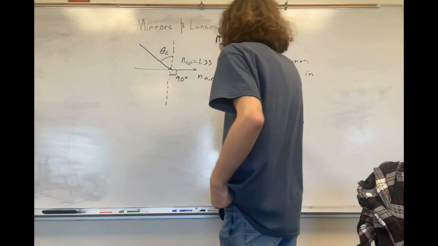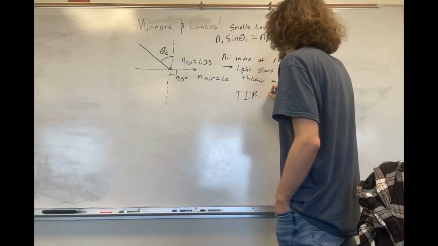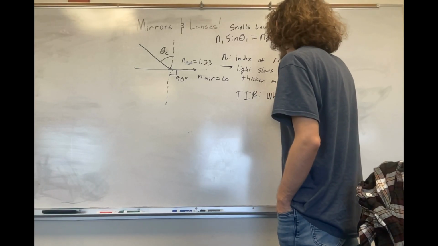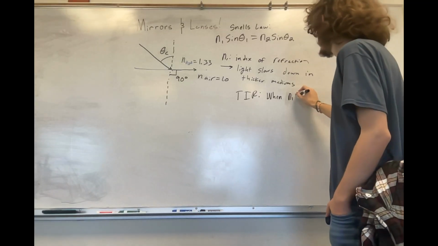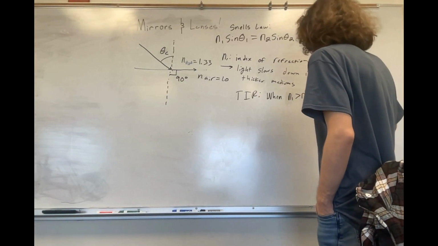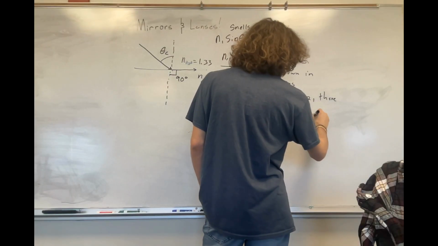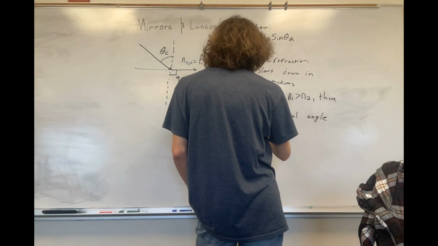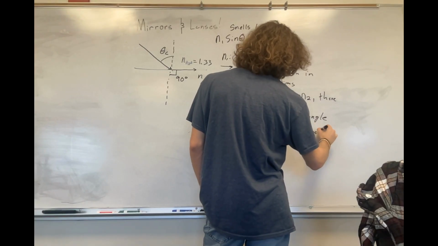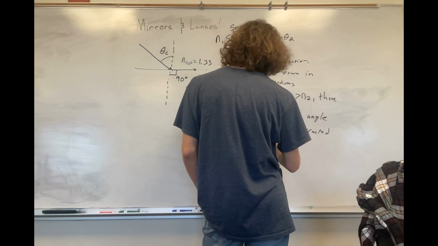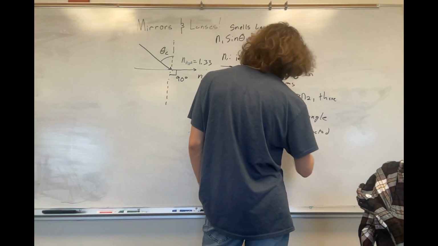Total internal reflection is when n1, the medium that you begin in, is greater than n2, there exists a critical angle that causes the refracted ray to bend 90 degrees to the normal.